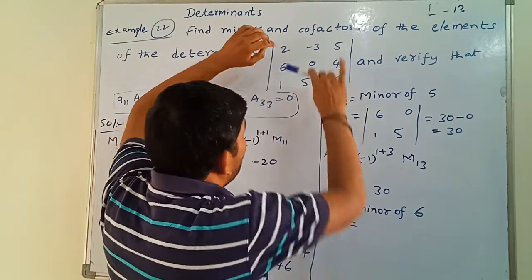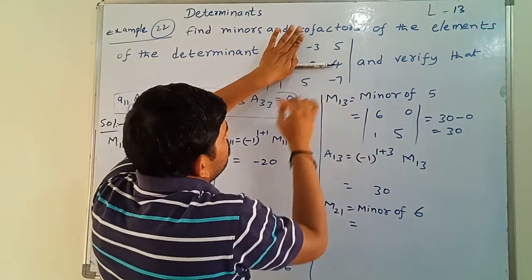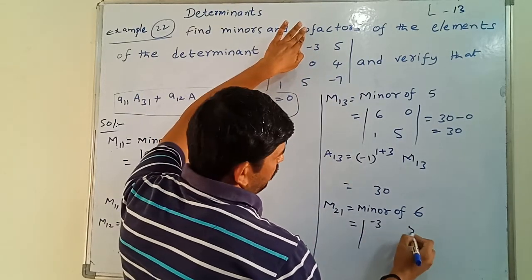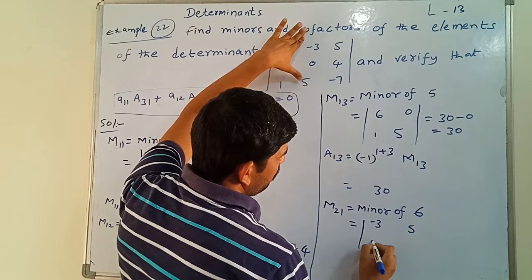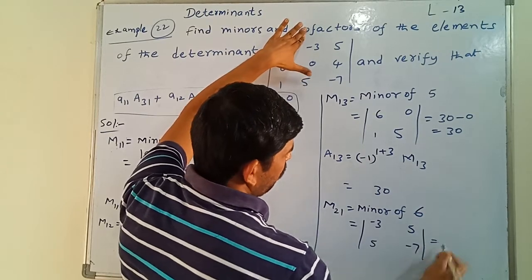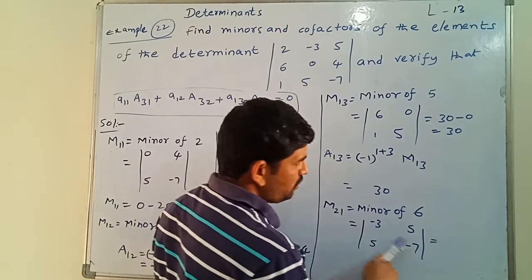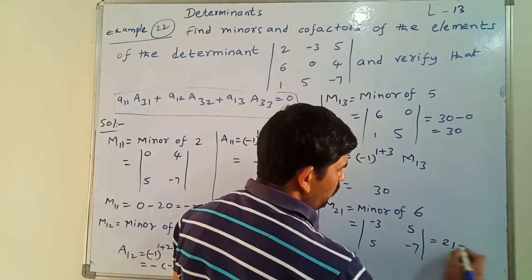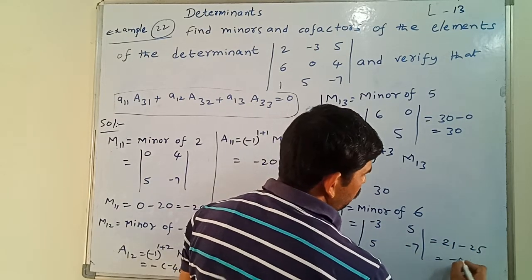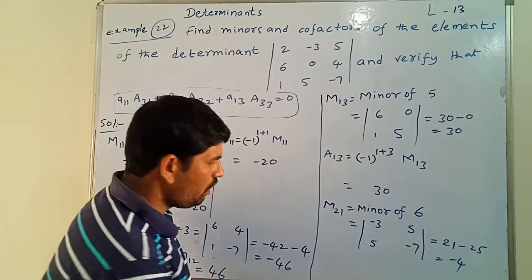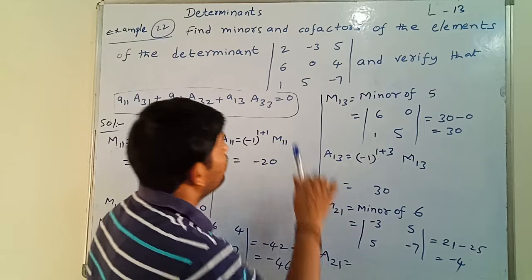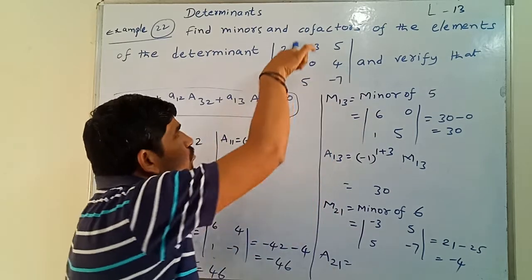Minor of this 6 is, again close the address here. Now minus 3. Actually you people have to cover this, yes or no? Then the cross multiplication, minus and minus plus, 7 into 3 is 21 minus 5 into 5 is 25, which is giving minus 4. Now I will write the cofactor for this A21, because of second row, first column.